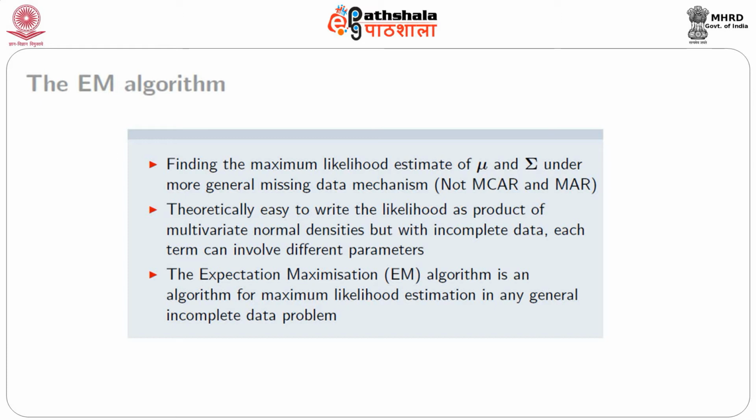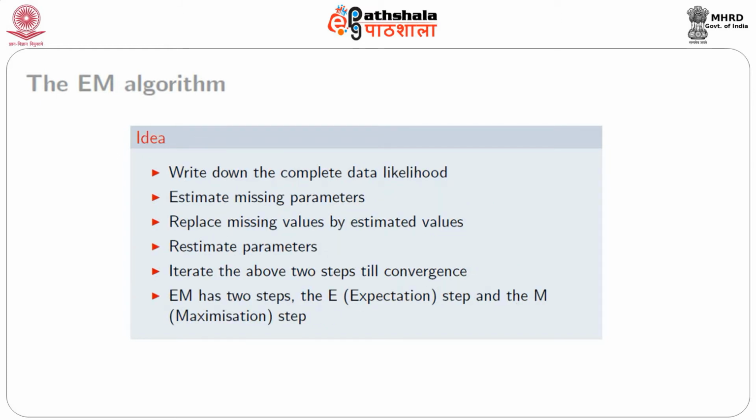So, what is the idea? The idea is to write the complete data likelihood and then estimate the missing parameters. Then again use the estimated parameters, write the complete data likelihood and re-estimate the missing values. And this goes on.